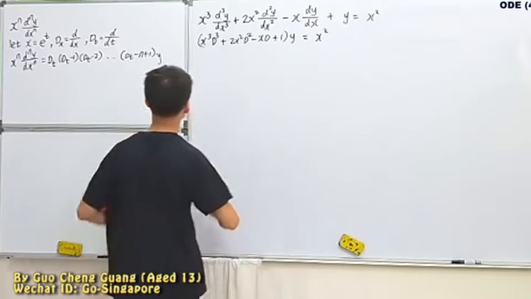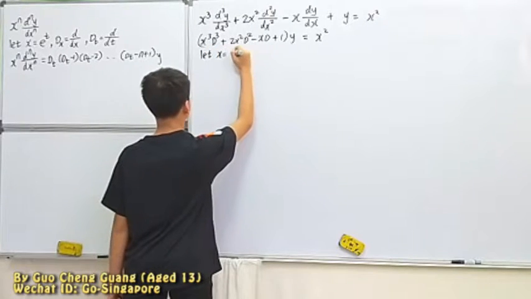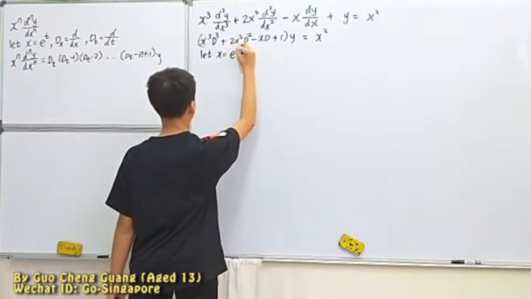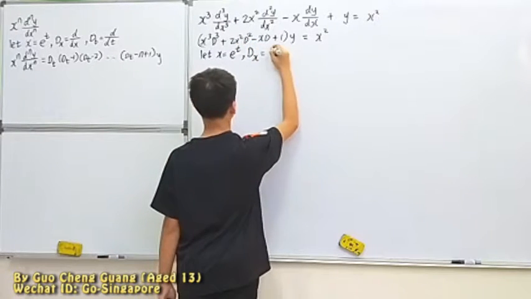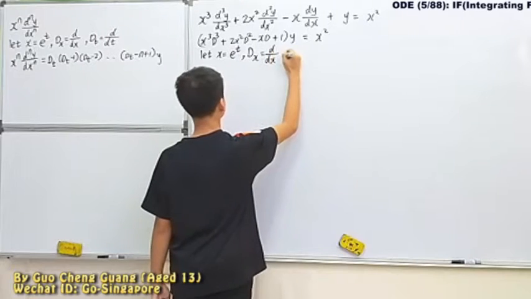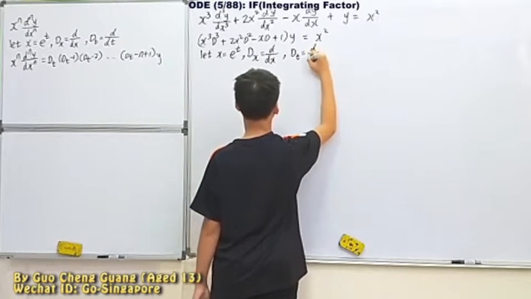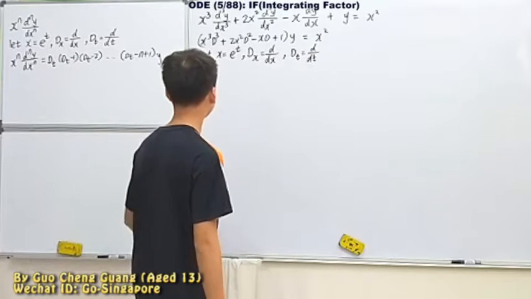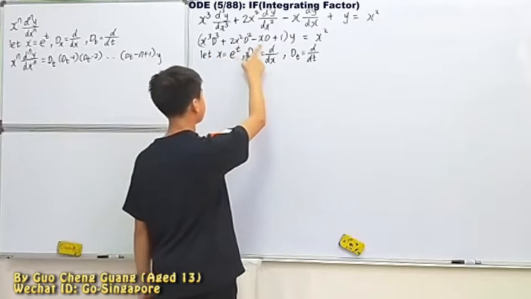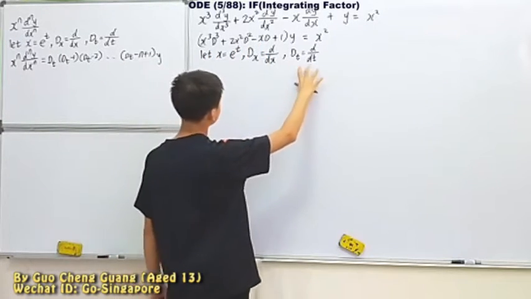Then using this method over here, we're going to let x be equal to e to the power of t, and differentiate these two parts. Okay, so this is what we get. So basically these three D's are all d over dx, so you can transfer them into this form here.